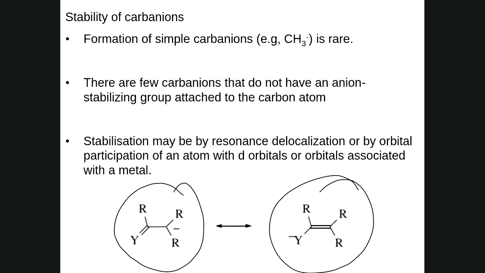And as you can see, the fact that the carbon is able to delocalize this negative charge by using this heteroatom here helps, and forming another resonant form of the same structure helps this carbanion to be a bit more stable.